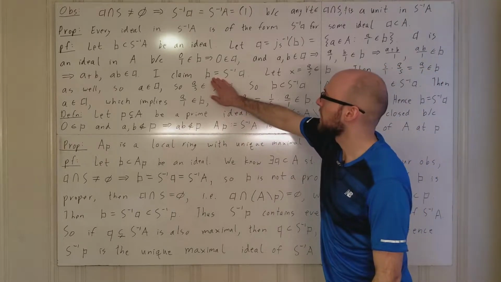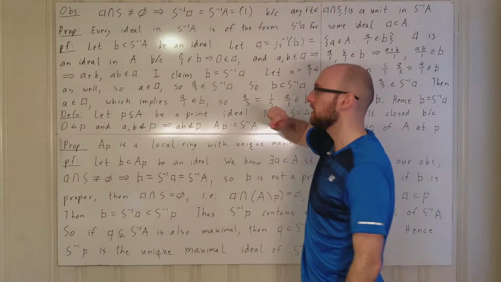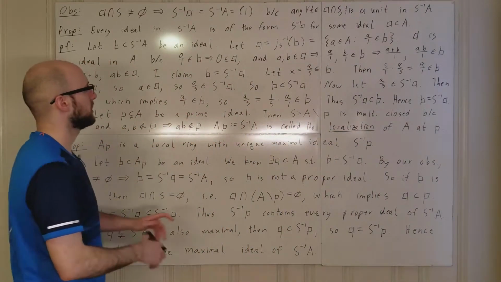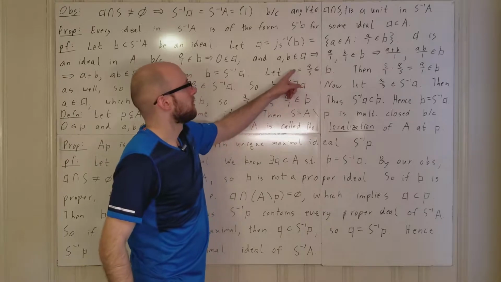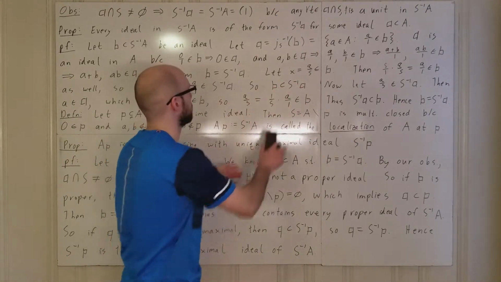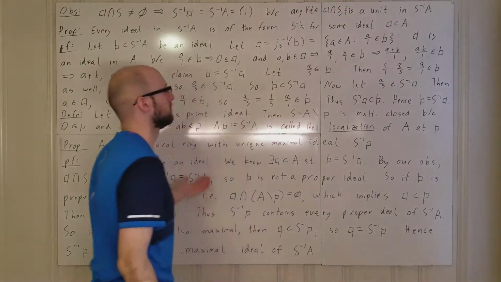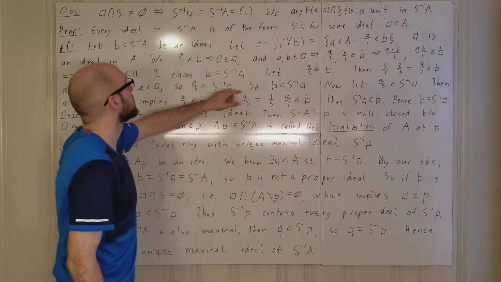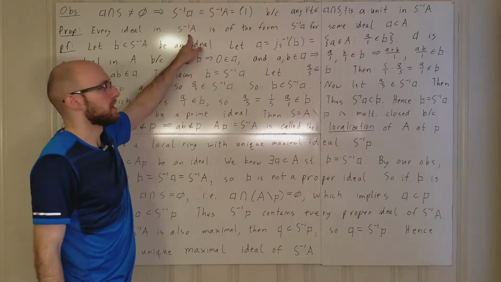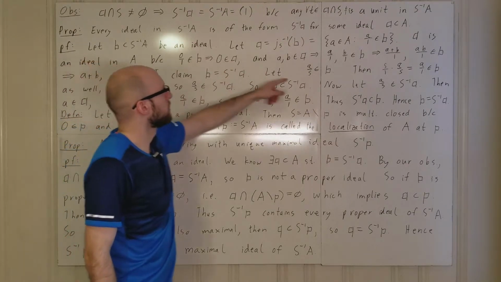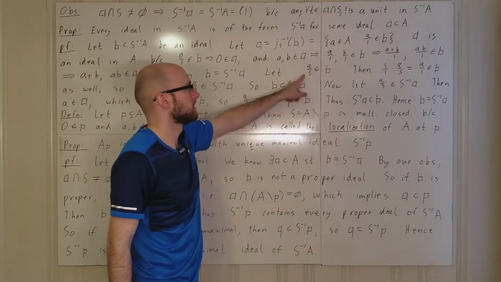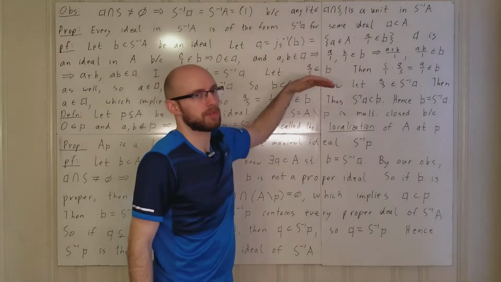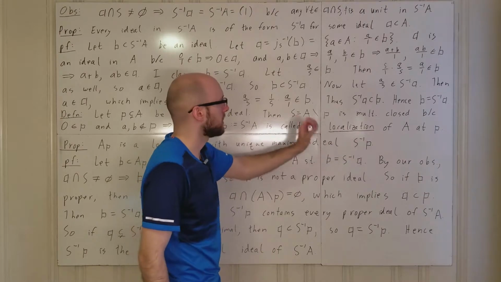Now we claim that these two ideals are the same thing, and so we just do it by inclusion. So take something in B. Why did I introduce X there at all? We don't really use it. Because B is an ideal in S inverse A, it's of the form a over s, where a is in A and s is in S. This is an ideal, so multiplication by anything in the ring stays in there.